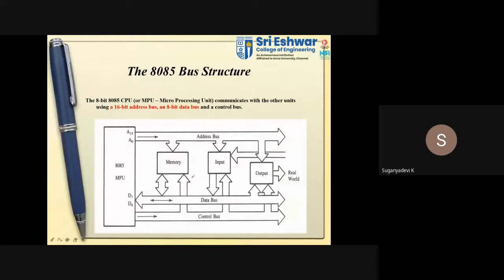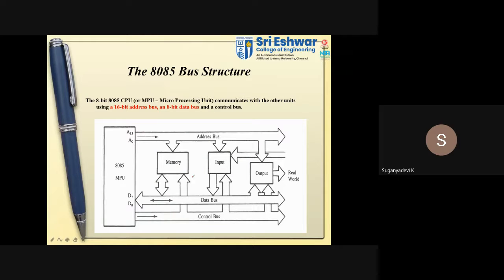And next comes the bus structure. What are buses? Buses are a medium which transfers data from one block to another. We have many blocks like the accumulator, temporary register, B register, C register, timing and control, and decoding operation.